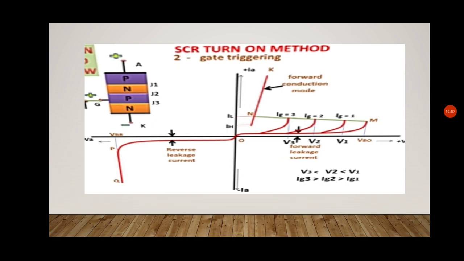That is, as we keep on increasing the gate current, the SCR goes into forward conduction mode, or the junction J2 goes into breakdown much before V_BO, due to a large amount of electrons being accumulated in the junction J2 due to a positive voltage at G.